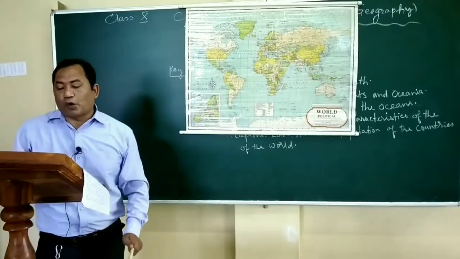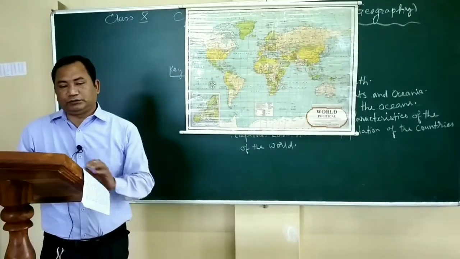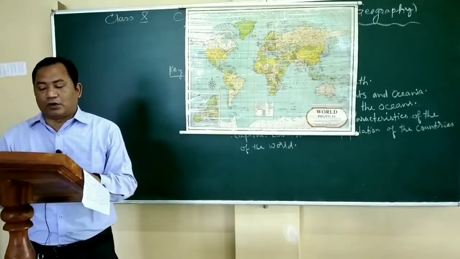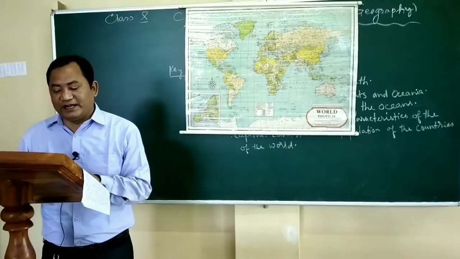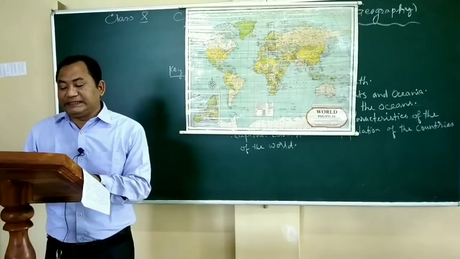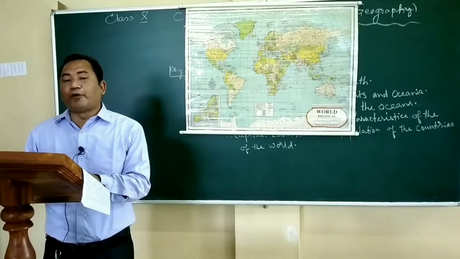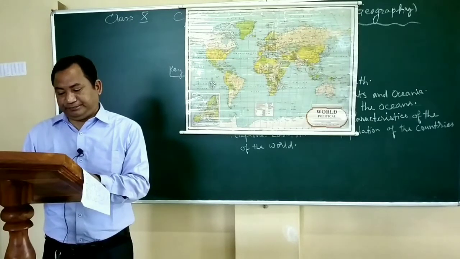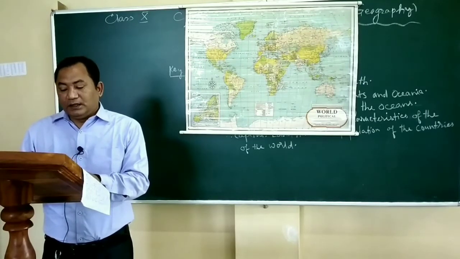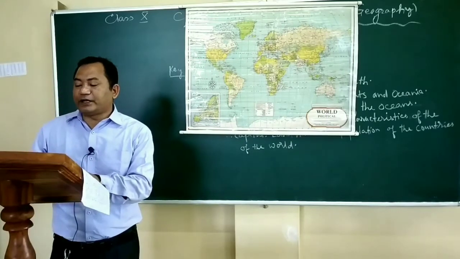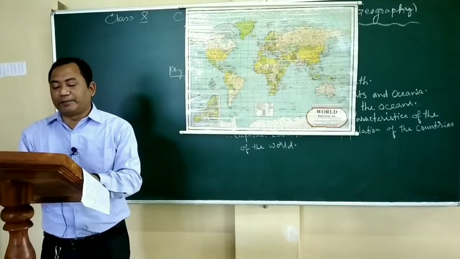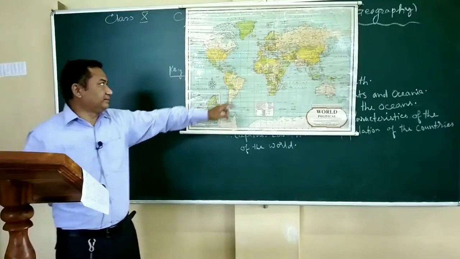The Atlantic Ocean covers about 1/6 of the Earth's surface area, and it is about half of the Pacific Ocean. The shape of the Atlantic Ocean is like that of English letter S.